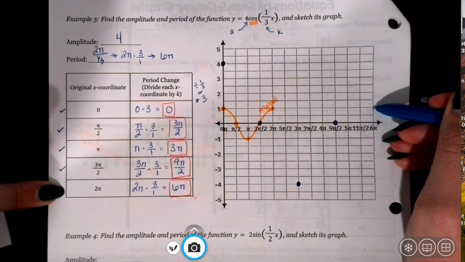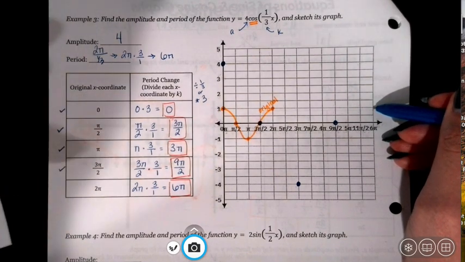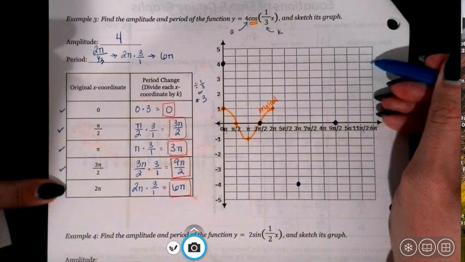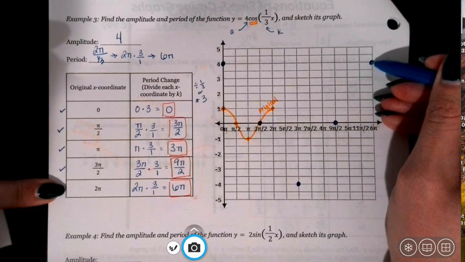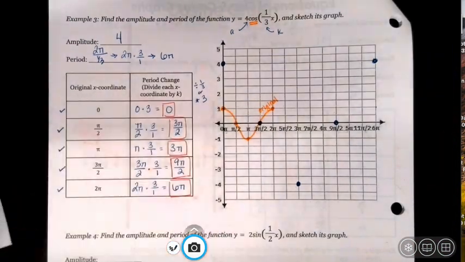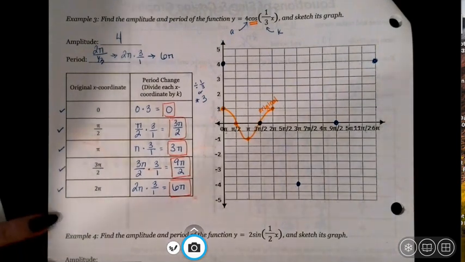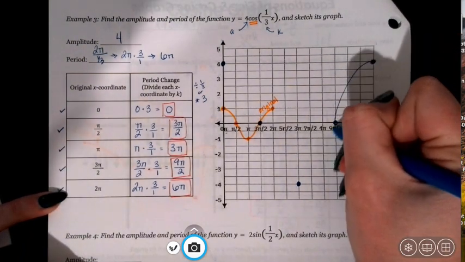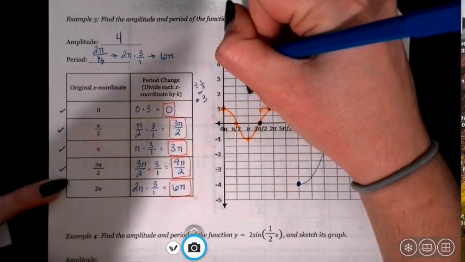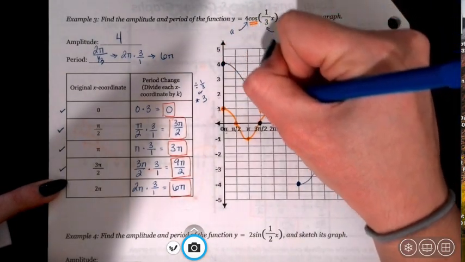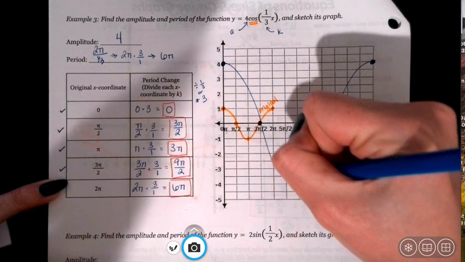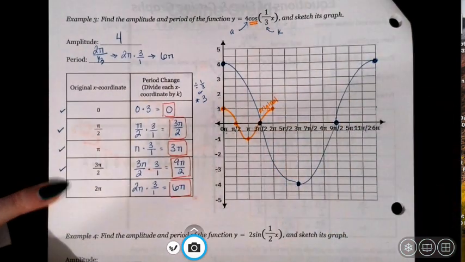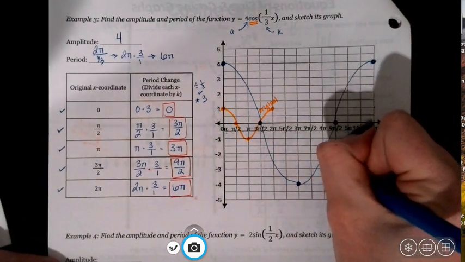And then the amplitude changes the y value from 1 to a +4. So I can connect these, and I want to make sure that I still have curves between them. I don't want straight angles that look like triangle corners. And this is my final.